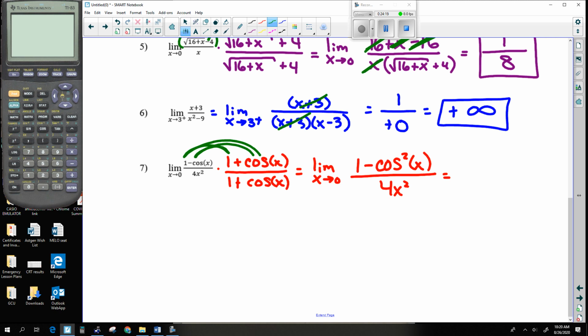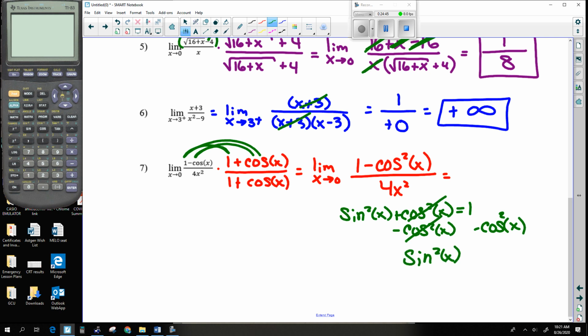This stems from the idea that sine squared plus cosine squared is equal to 1. Just subtracting a cosine squared from both sides, that means sine squared is equal to 1 minus cosine squared. That's the trig identity right here.